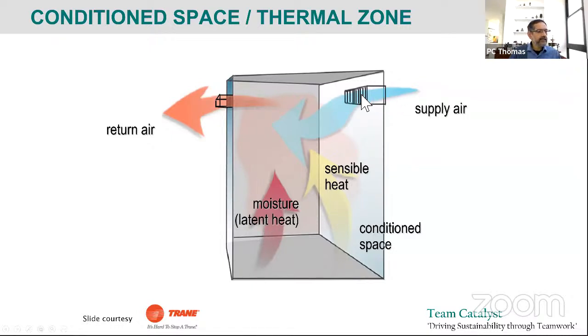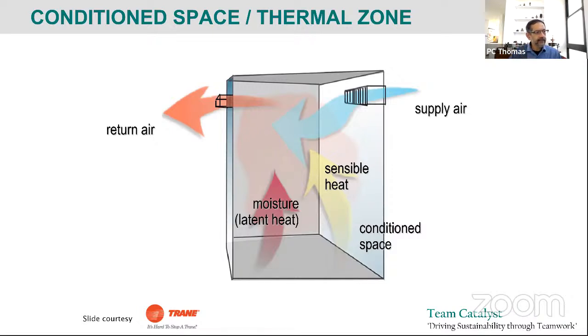And to air condition the zone, you are putting in supply air, cold or cool supply air. And you have the sources of heat in that zone. We talked about that: people, lights, equipment, solar gain, conduction from the fabric, all of those things are there.